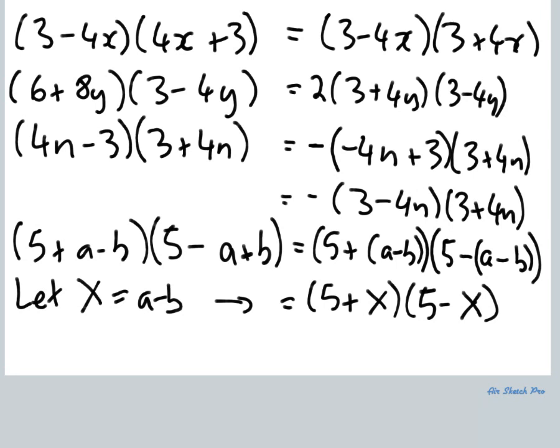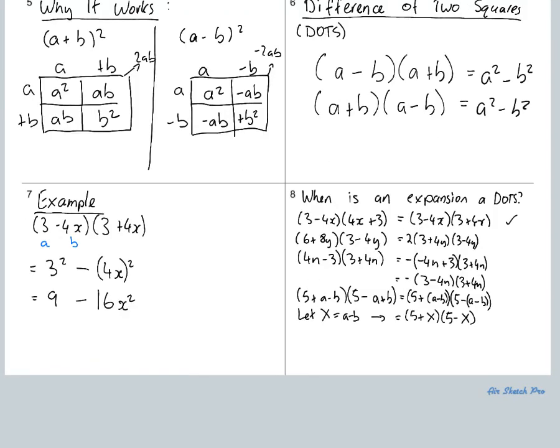Okay, so with the 5 minutes left, I'm going to ask you to have a go at either doing one of those ones on slide 8, or if you just want to see whether you can do a more straightforward one, I'll write it up here. And next lesson, I'm going to give you plenty of practice time on perfect squares and difference of two squares, maybe about half an hour's worth of practice.